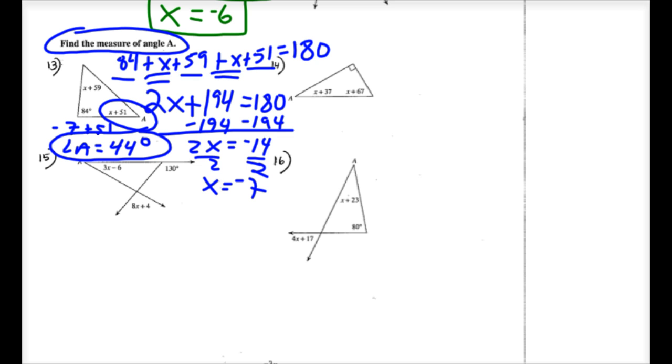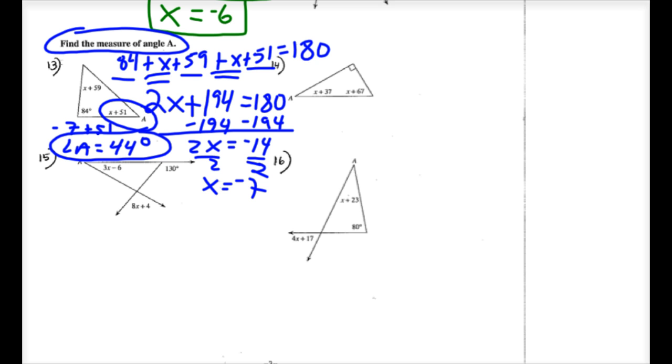Okay. Last one's tough. Number 15. There's actually two ways to do it. Everybody look at the 8x plus 4. Last period, we thought it was an exterior angle. It's not. You know why? Because both lines are extended. Exterior angles are only formed when one of the sides is extended.